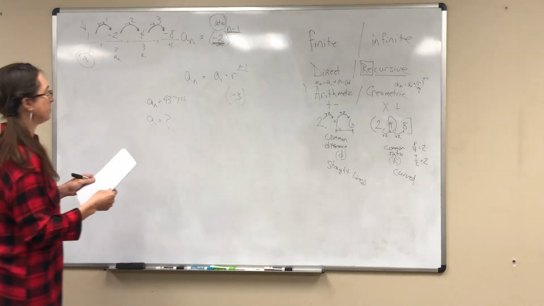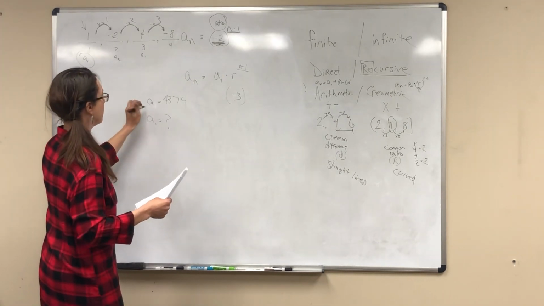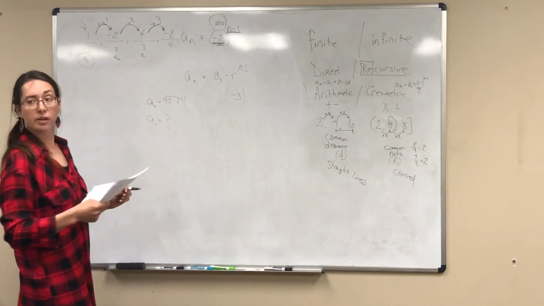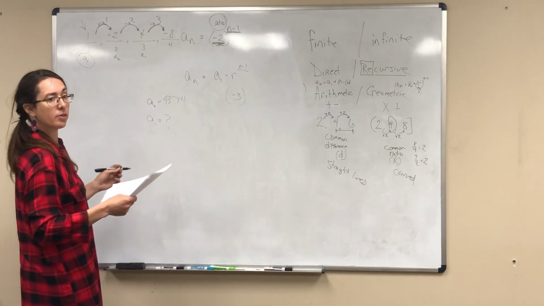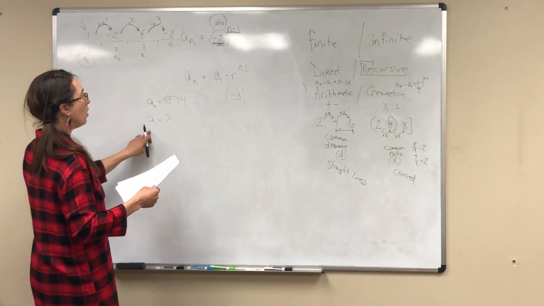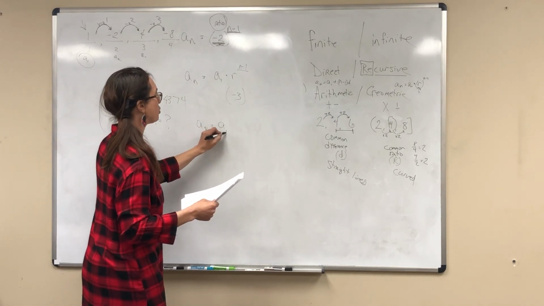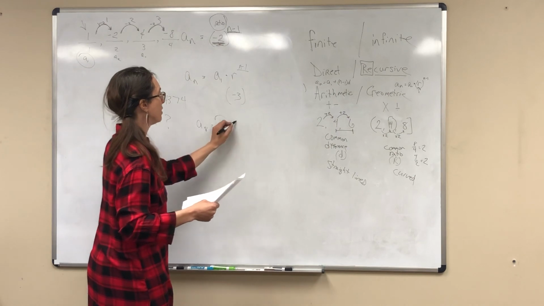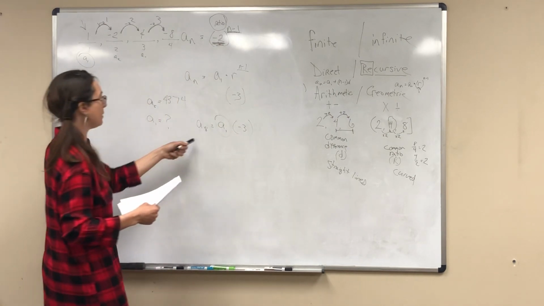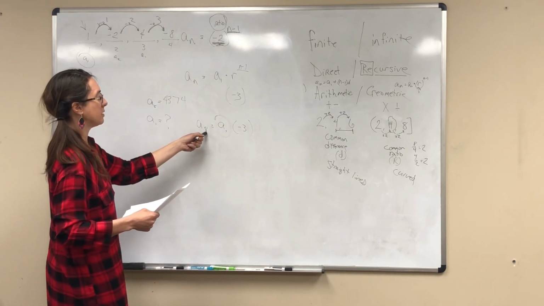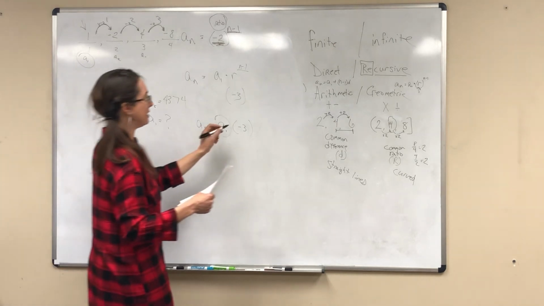You could just keep dividing that by 3, divide by 3, divide by 3, but you wouldn't have enough time to do that. Or I know that a to the 8th is now my first term, which I'm looking for, times -3 to how many times? To the 7th.